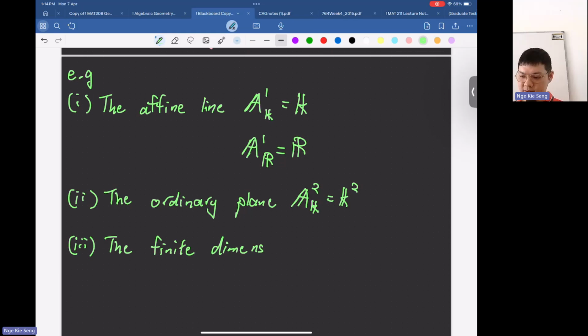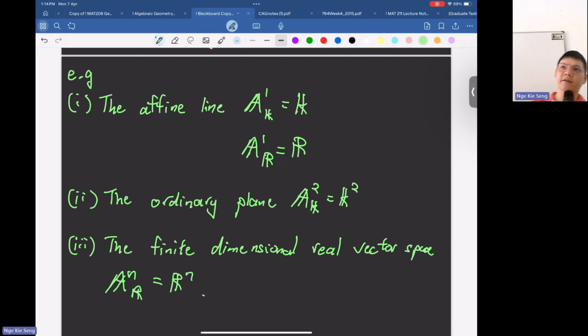So we also can get real vector space, just set a random n and R. What I want to say here is that the objects you study across analysis and linear algebra can mostly be put into algebraic geometry. Not all of them, but most of them. Clear? Affine n space.